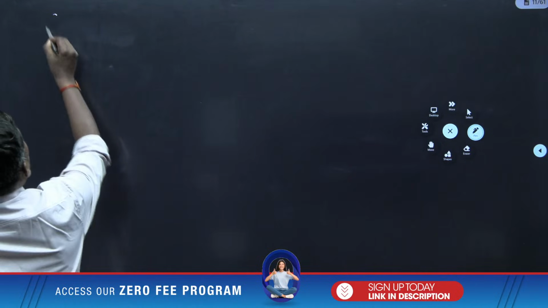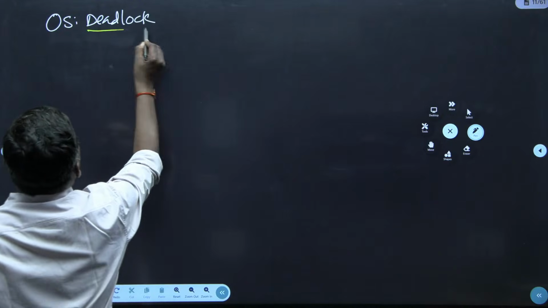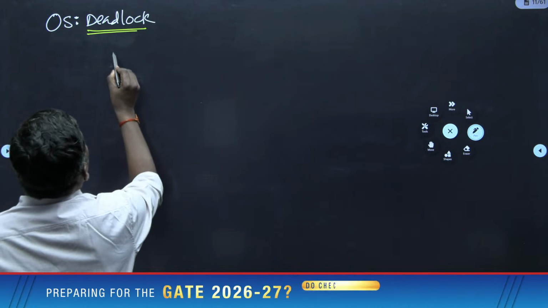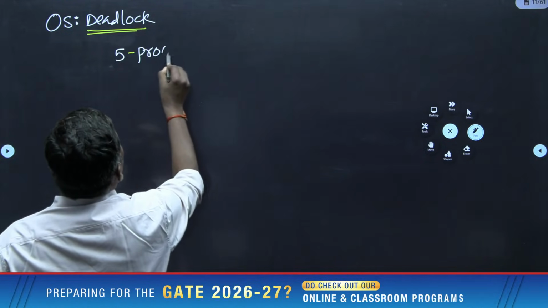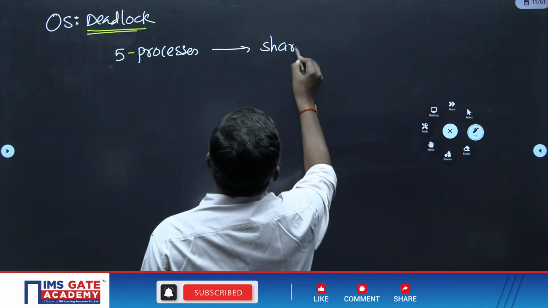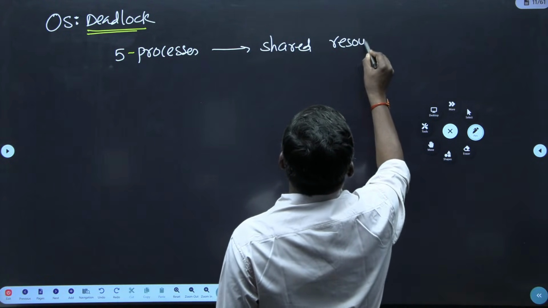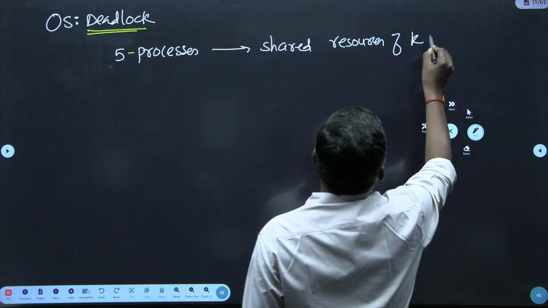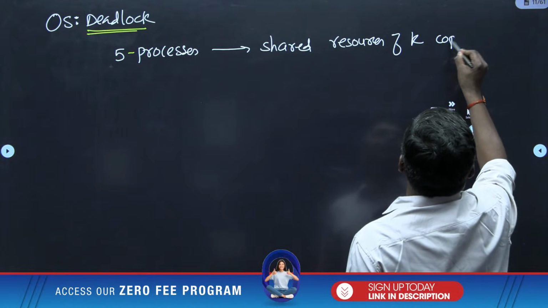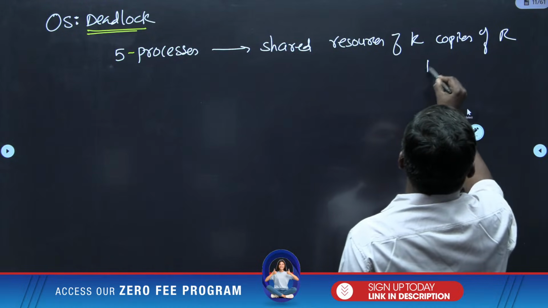There was a question from operating systems, deadlock based. This question was also easy. What was the question? 5 processes use shared resources. There are K copies of R type resource.